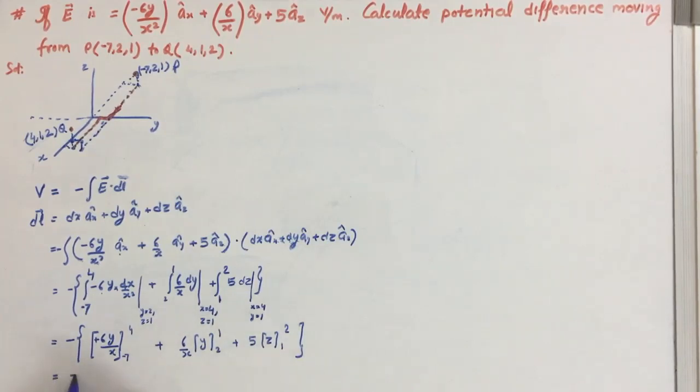In continuation, y is constant, that is 2, so 12 times (1/4 minus 1/7), plus 6/x with x equal to 4 and y going 1 minus 2, plus 5 times (2 minus 1).